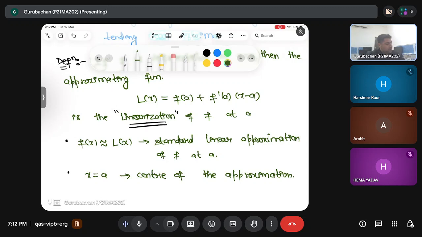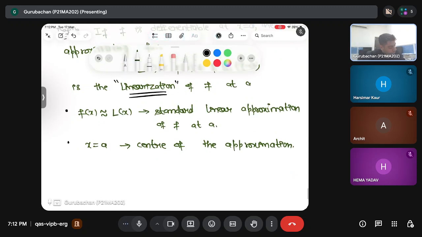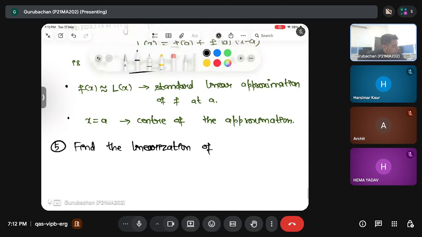Since we recalled this concept, now we can move to the illustration. Find the linearization of the following. These are not that difficult questions. You just need to calculate f dash at that point. For example, in the first one you have to calculate f dash at 1, then substitute in the above linearization formula.